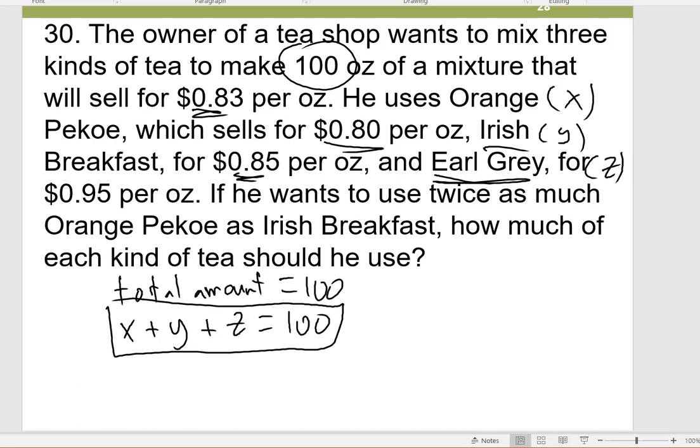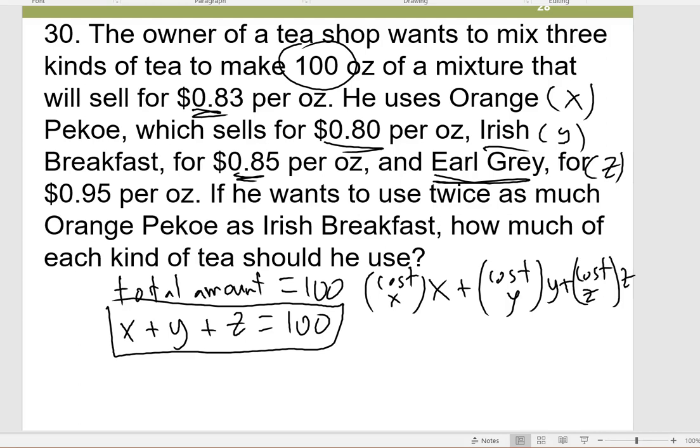Now we have to do a cost. That's the cost of X times the amount of X plus the cost of Y times the amount of Y plus the cost of Z times the amount of Z is going to equal our total cost times amount. I'll get to that in a second. I'm going to start filling this in.